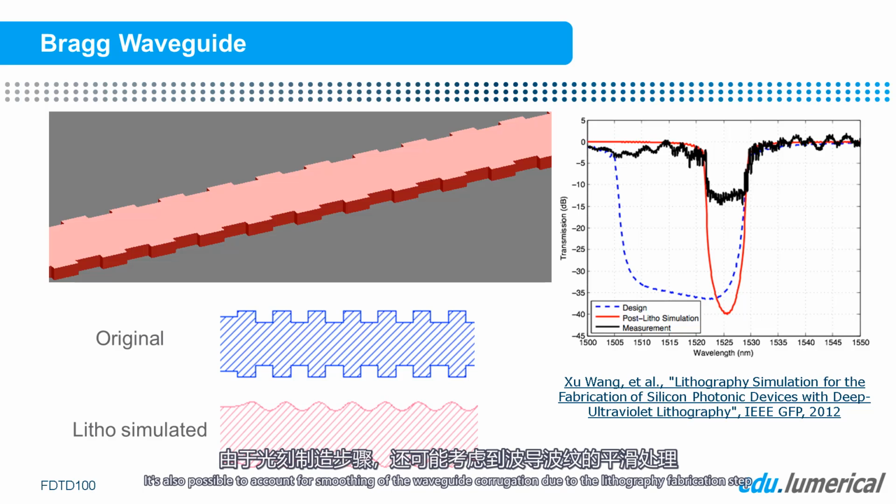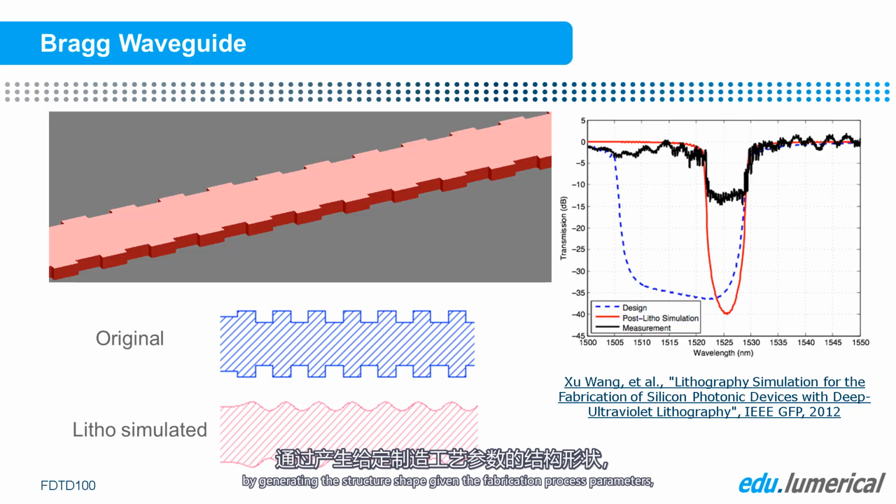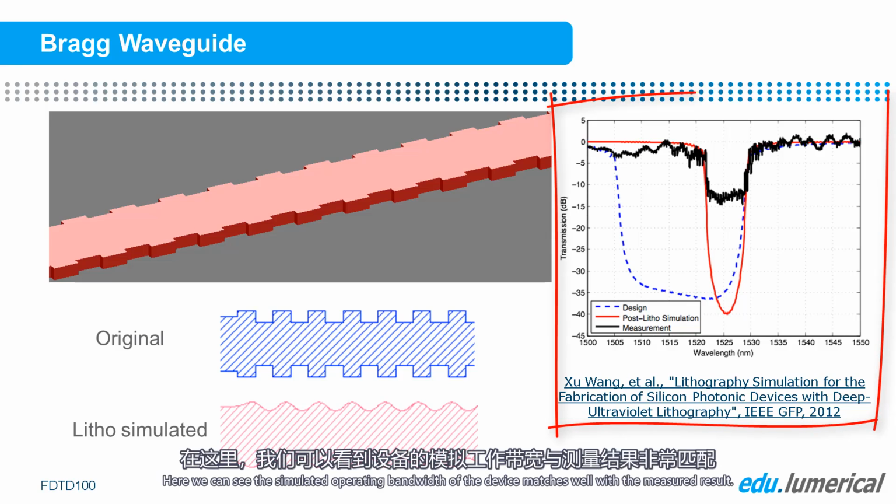It's also possible to account for smoothing of the waveguide corrugation due to the lithography fabrication step by generating the structure shape given the fabrication process parameters, or by importing the shape of the fabricated structure from an SEM image. Here we can see the simulated operating bandwidth of the device matches well with the measured result.